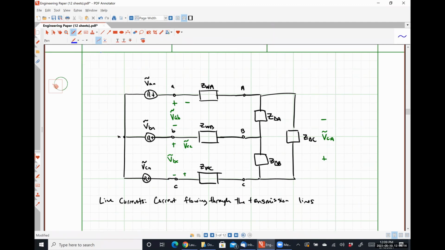Our line currents would be I lowercase a capital A, because they originate at the transmission line terminal on the source side and terminate at the transmission line terminal on the load side. We would also have I lowercase b capital B and I lowercase c capital C.